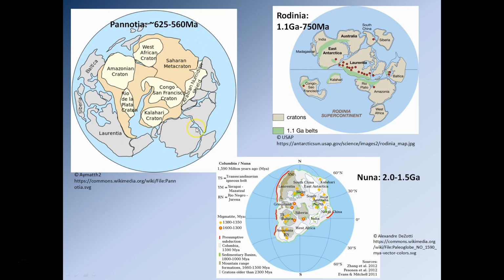And this is Panatea over here. Once again, the vast majority of the continental crust was incorporated into this supercontinent. So these are our three supercontinents that formed during the Proterozoic. And because the rocks we have from the Proterozoic are on the whole in pretty decent condition, we can say with relative certainty that yes, these three supercontinents did actually occur.